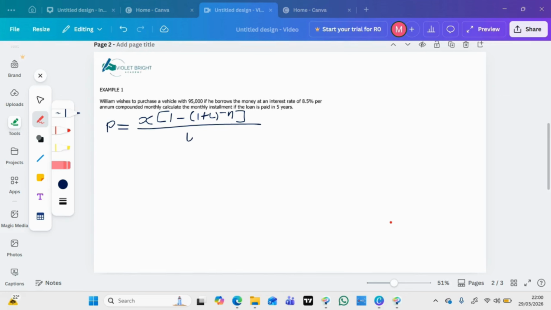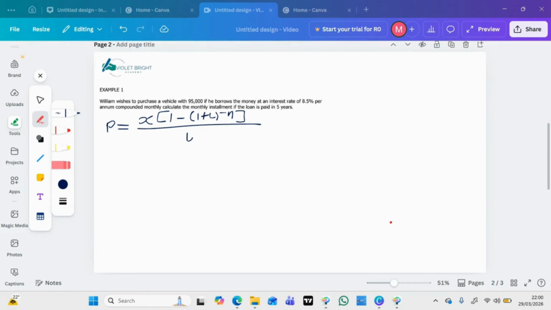If he borrows the money at an interest rate of 8.5% per annum, compounded monthly, calculate the monthly installment if the loan is paid in 5 years.